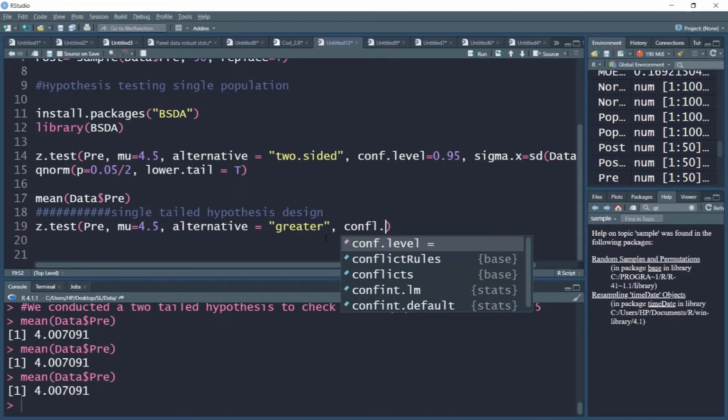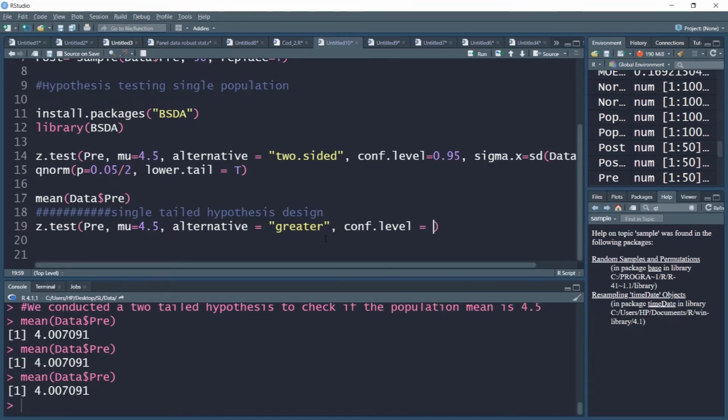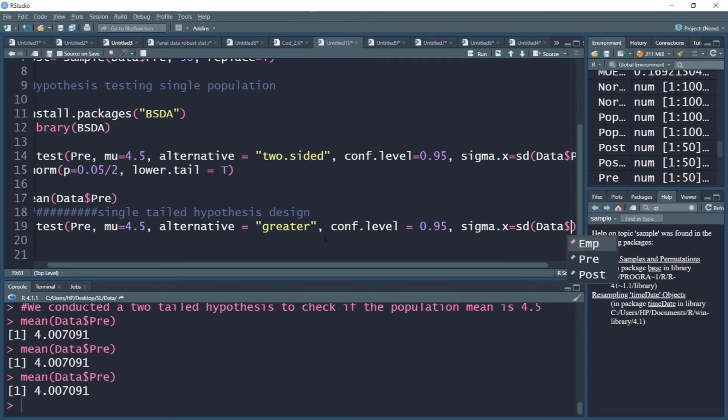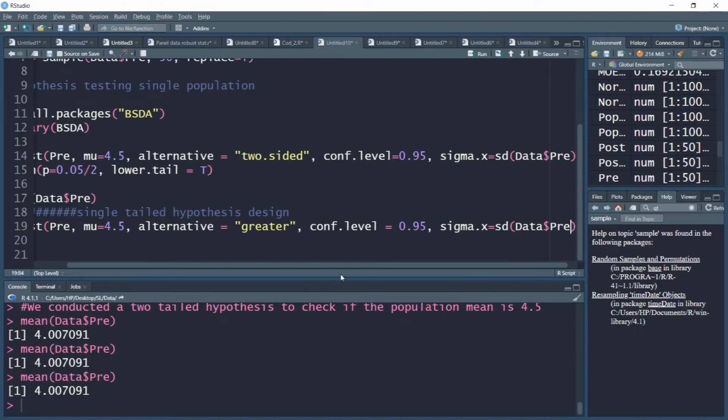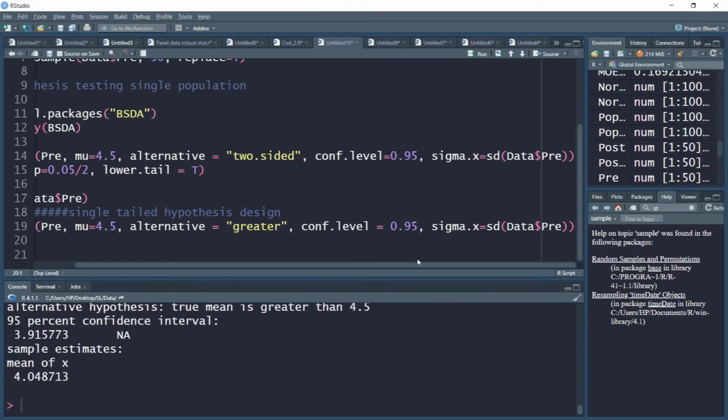We'll put a confidence level as 95%. That means a significance level of 1 minus 0.95 or 5%. Again, since it's a normal distribution based hypothesis testing, that is Z statistic is used, we need to specify our standard deviation from the population. And we are good to run this command.